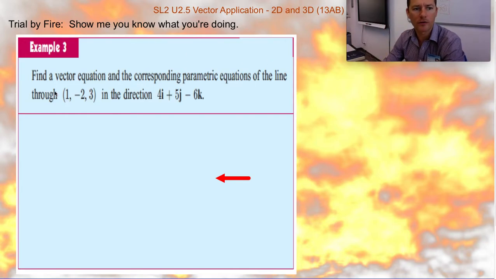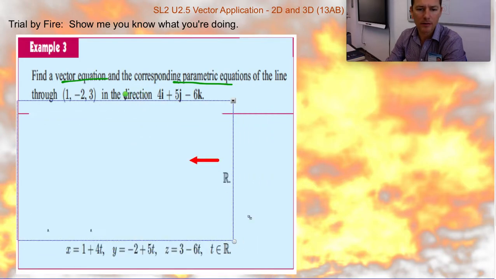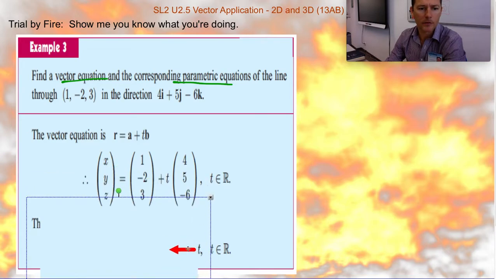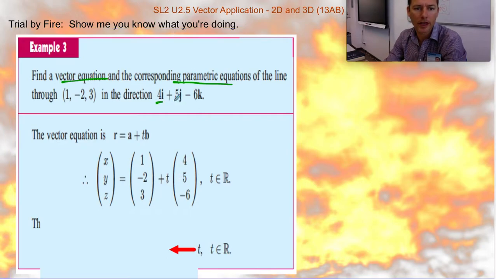So we're going to do two problems together and just make sure you know what you're doing. So let's try it out. We want to find a vector equation and turn it into parametric equations for a line going through this three-dimensional point and going in this direction. So the vector equation is written like that. I know that our vector is x, y, and z, and we start at this point with this vector to get to that first point, and then we move t times in this format, right? 4 in the x, 5 in the y, -6 in the z.